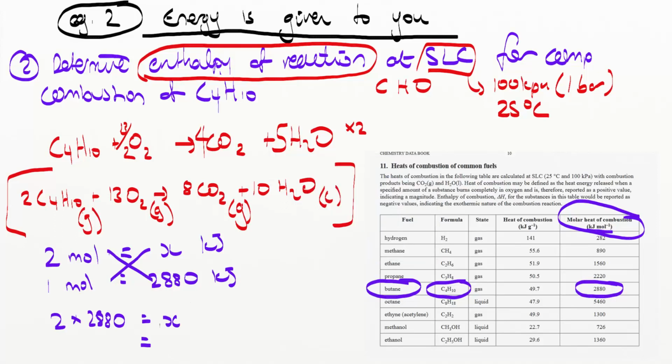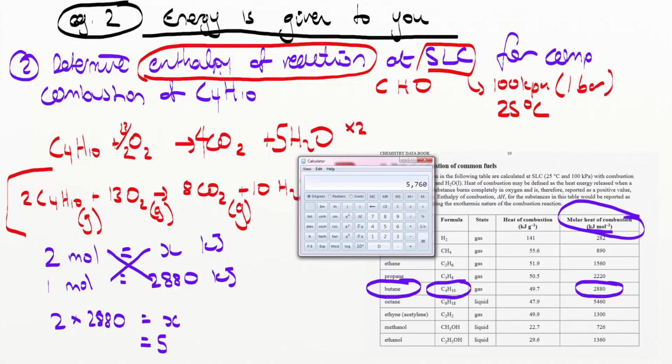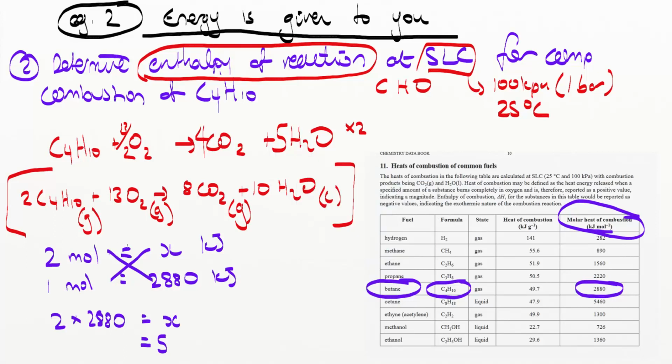So that means over here, we've got 5,760 kilojoules. Cool, so we now know that 2 moles of butane are going to release 5,760 kilojoules.